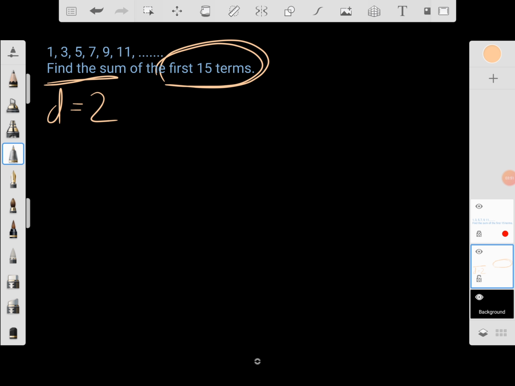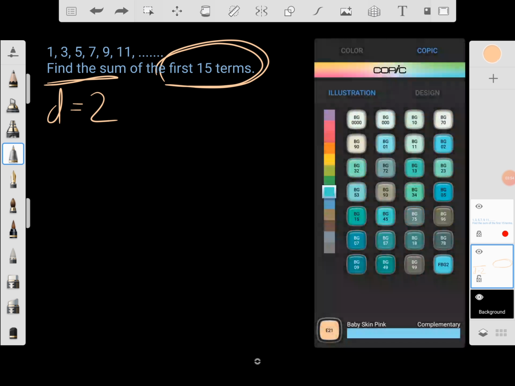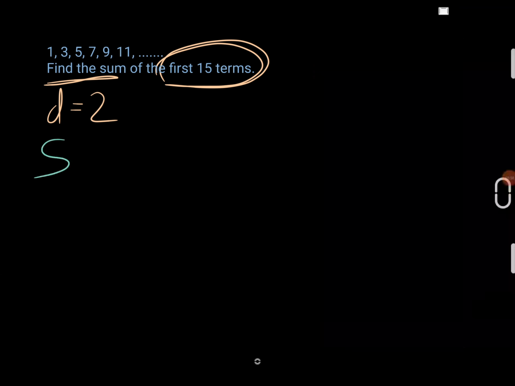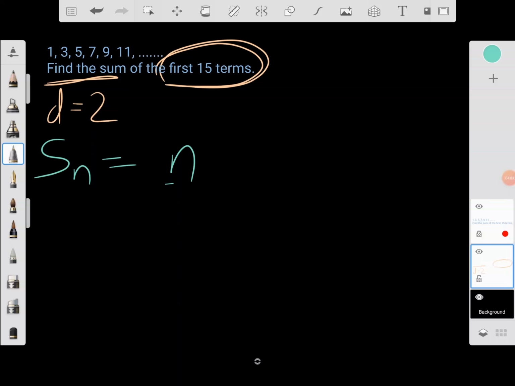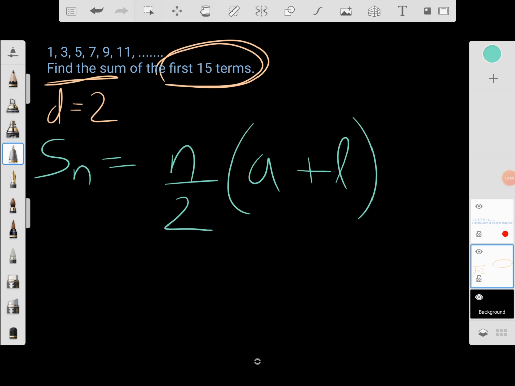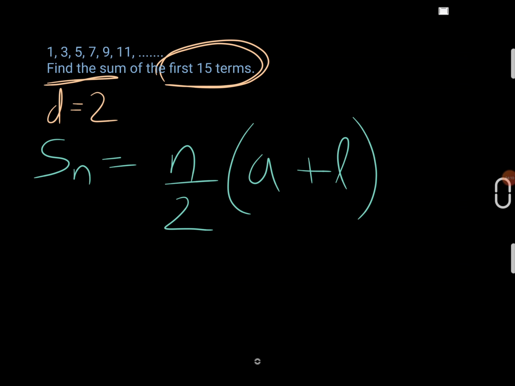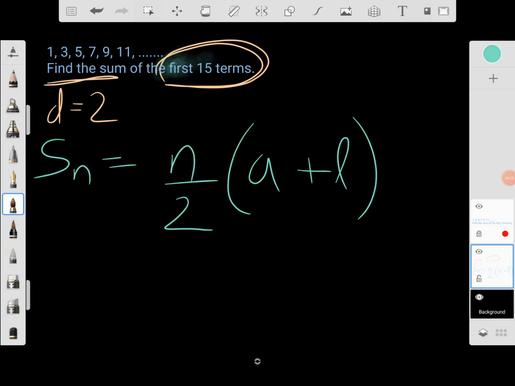So let us use our formula. What is our formula? Sn is equal to n by 2 into first term plus last term. That's an easy formula. Now we are only considering 15 terms, so the 15th term is our last term.